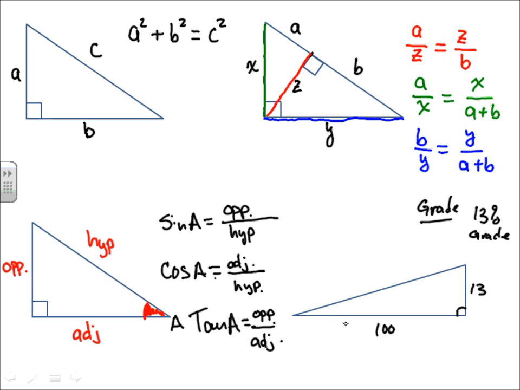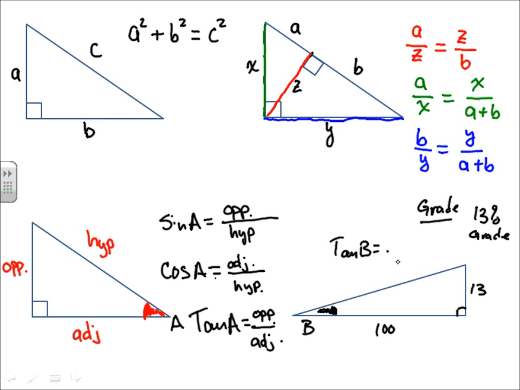You may be asked, for example, to figure out what this particular angle is if you know that you have a 13% grade. And without solving it yet, because we're going to talk about inverse trig functions next, the equation I would write, if I call this angle B, is this: from the point of view of angle B, I have the opposite leg and the adjacent leg, so I'd be using my tangent ratio, and I would write that the tangent of angle B is equal to the opposite leg, 13 over 100. 13 over 100 is actually 0.13.